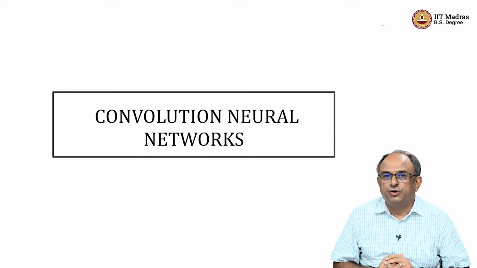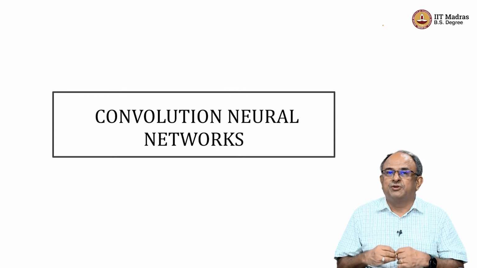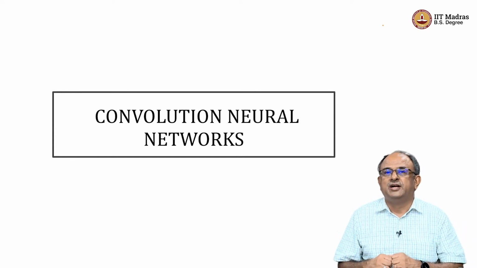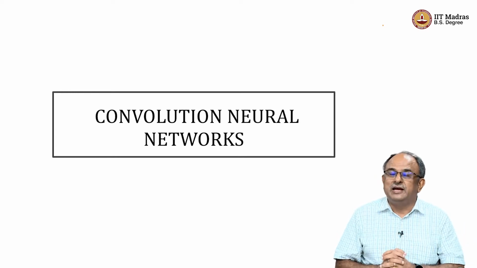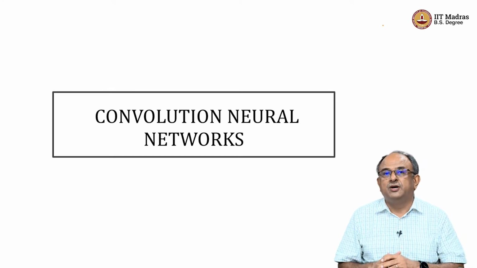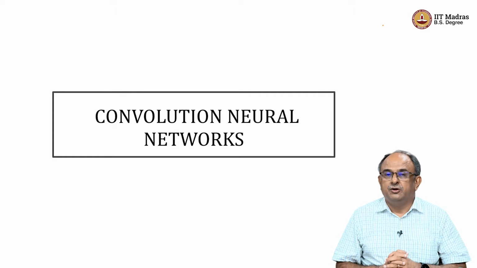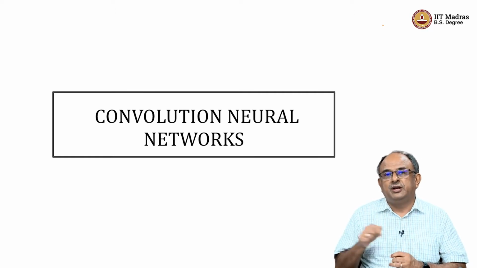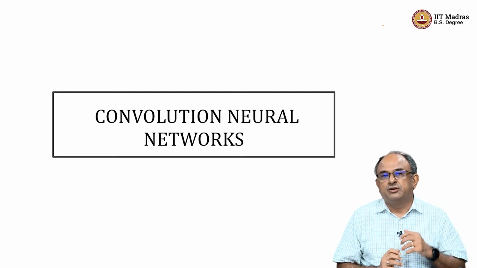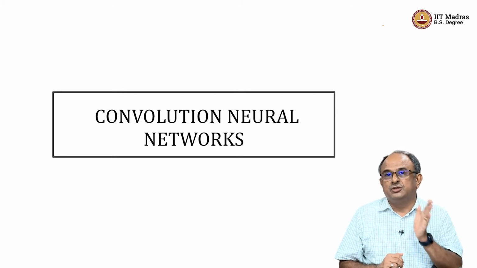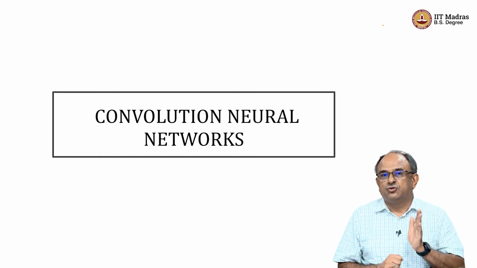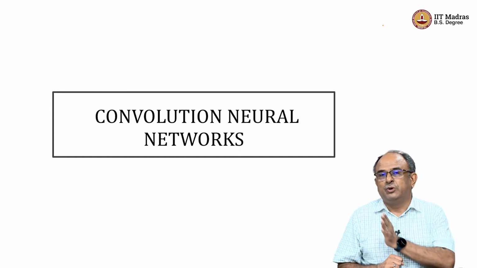Then we said for many applications, it's good to have some history, good to know what happened before. For example, in language modeling, given the previous 3 words, can I predict what the next word is? So that was another kind of architecture we looked at, which is called the recurrent neural network, where there is a feedback from the hidden layer. Now we are progressing along time, and each input is like one time instant.